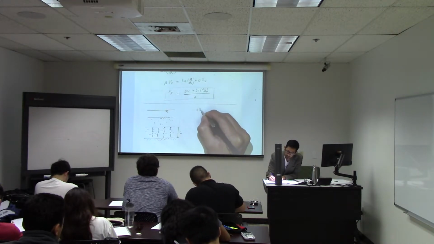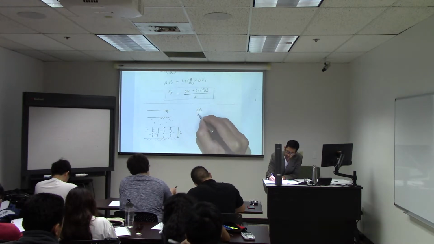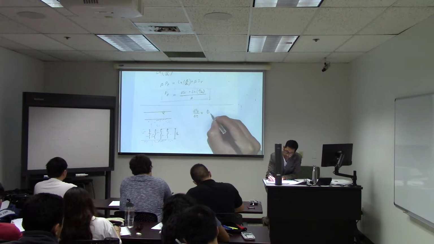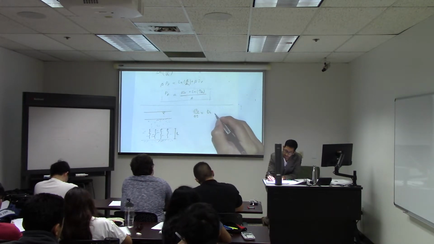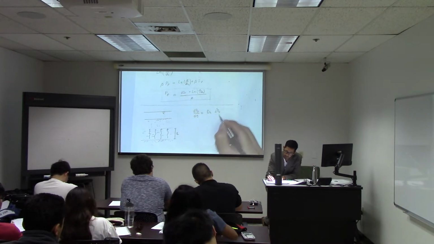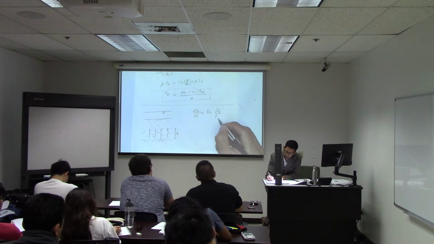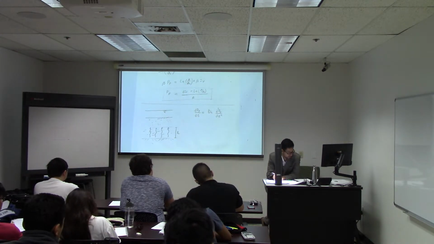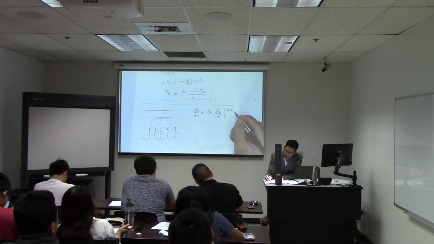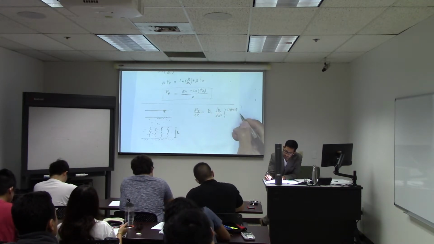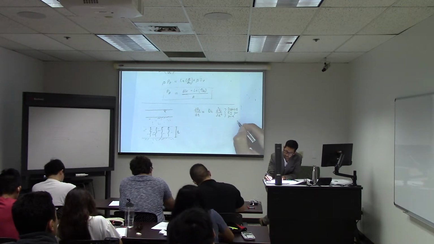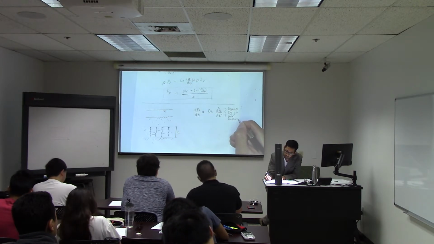I'm going to write, but we're not going to solve, that tells us that the variation of pore pressure with time depends on the diffusivity parameter and the second variation of pore pressure with space. So this is called the diffusivity equation for pore pressure.